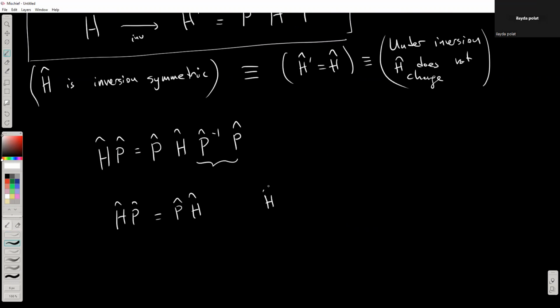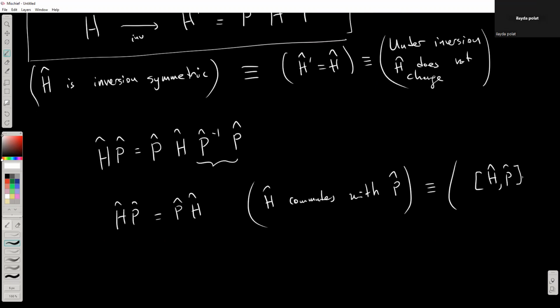So we say that H commutes with P. I can write this in a different way: mathematically, the commutator of these two operators is equal to 0. That statement is basically the statement that the system has inversion symmetry. I can express the condition of symmetry as the mathematical condition that the Hamiltonian commutes with the inversion operator.